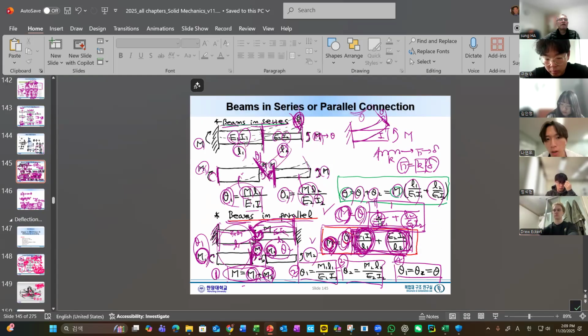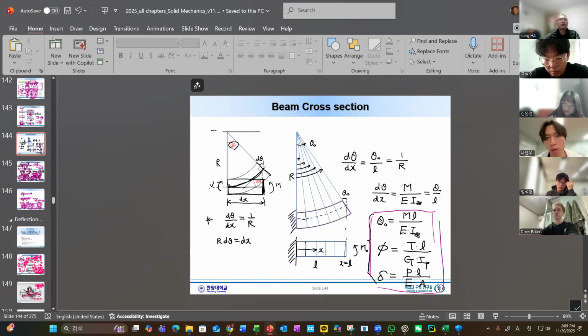But again, if we are able to express the strain energy of these structures in terms of a moment, then all you need to do is take a derivative. You get this one. But here, we went through all different equations.